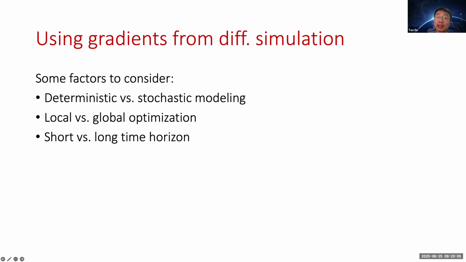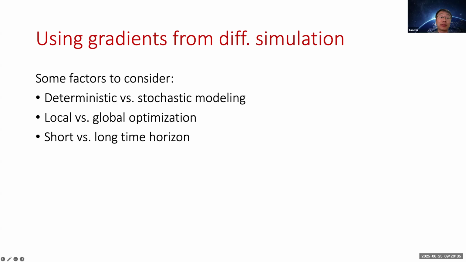And a less reliable gradient from, say, a fairly complicated forward simulator is, of course, not completely useless, but such gradients should be used with great care. And our past experiences suggest a few factors that I think may help users calibrate their expectation of a differentiable simulator's capability in downstream applications.